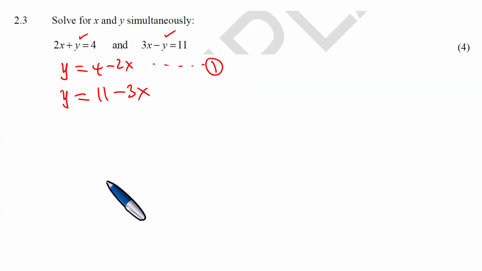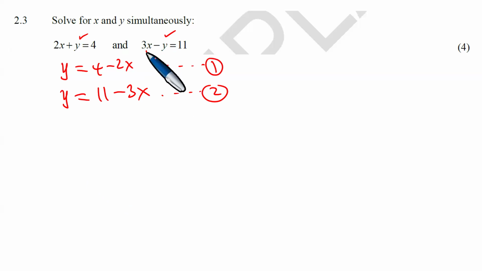And then substitute equation 1 into equation 2. Okay, but watch out here, because here you got 11 minus 3x.